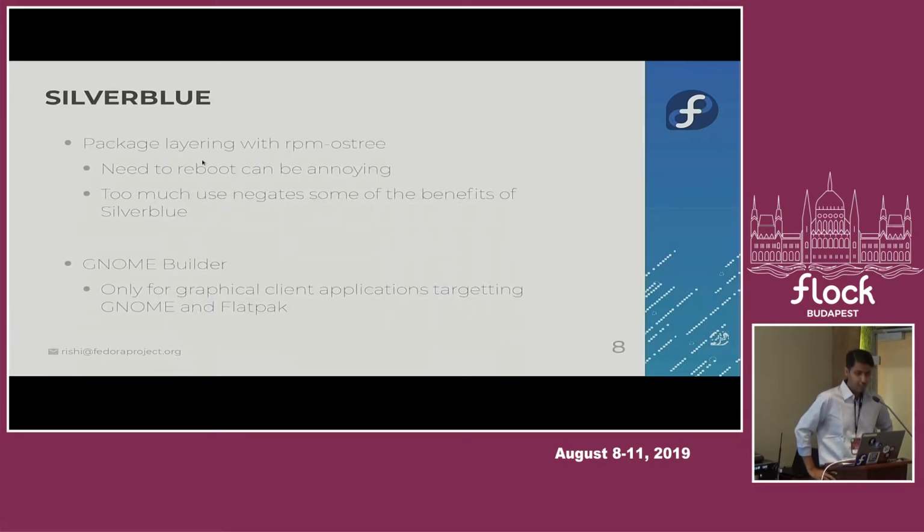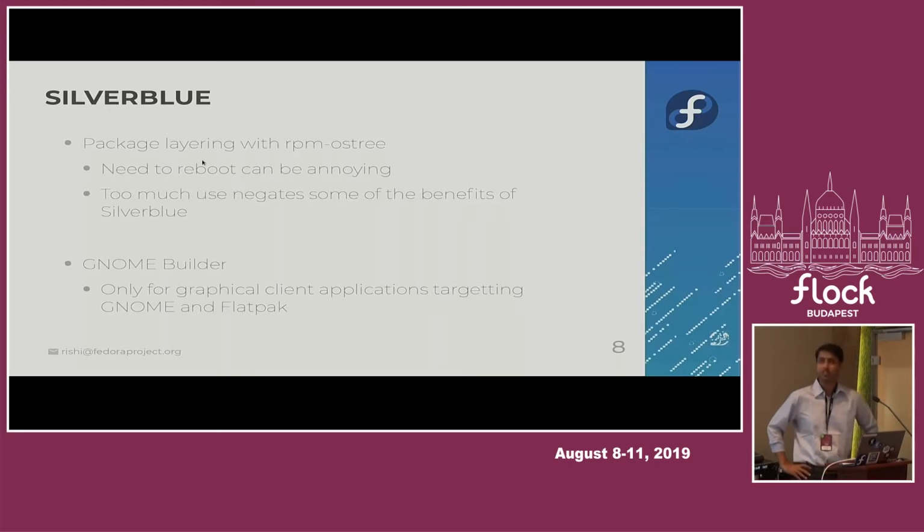So there are some hacks and niche solutions already out there that work to various degrees of success, depending on what you really want and how hacky or how niche your needs are. So one hacky solution is to use something called package layering.